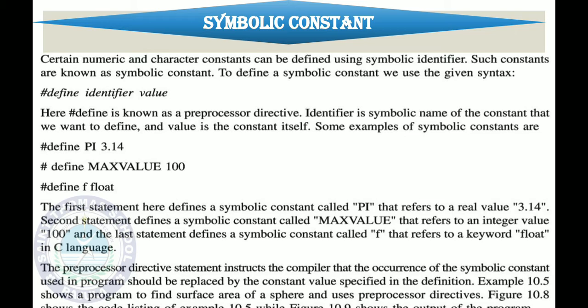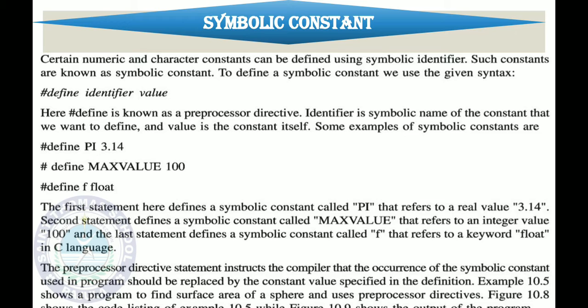Hash define f, and f means here I am defining f for float. So the first statement defines the symbolic constant called pi, that refers to a real value 3.14. A fractional number is the real value it has. The second statement defines the symbolic constant called max value, that refers to the integer value 100. And the last statement defines the symbolic constant called f, that refers to the keyword float in the C language.